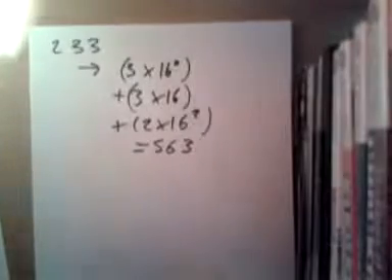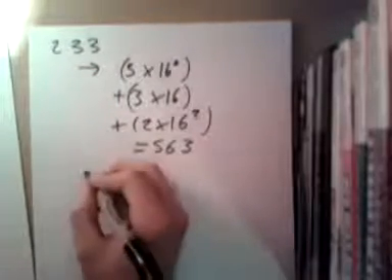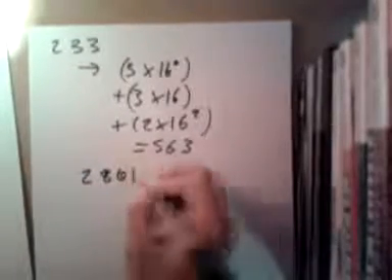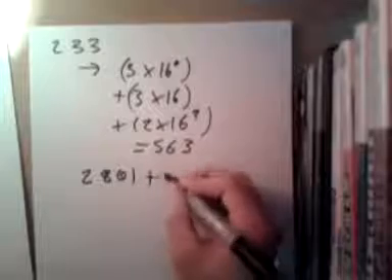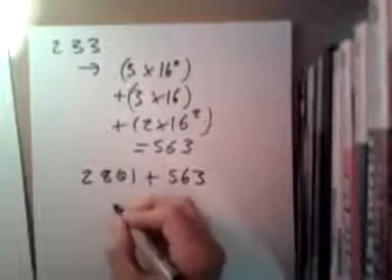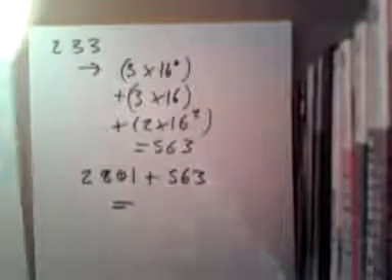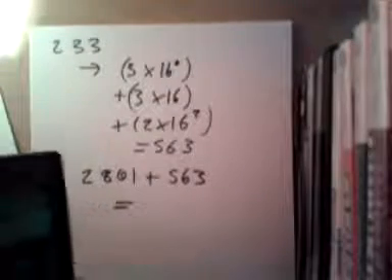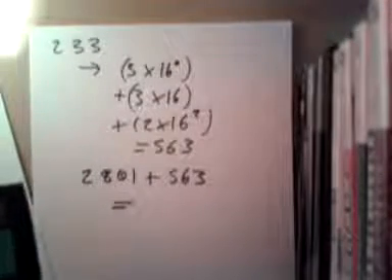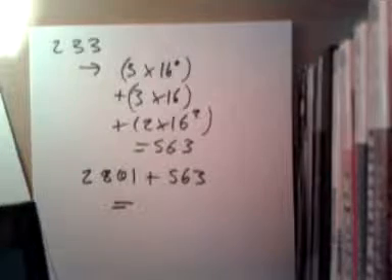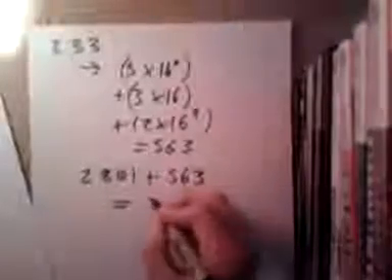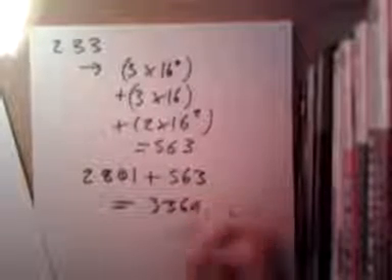Right, so now the only thing we need to do is take the values that we had earlier. The value we had earlier was 2801. We add it to the new one that we've got, 563, and then hopefully it should equal 3364. 2801 plus 563 equals 3364. So that's verified that we've done it correctly.